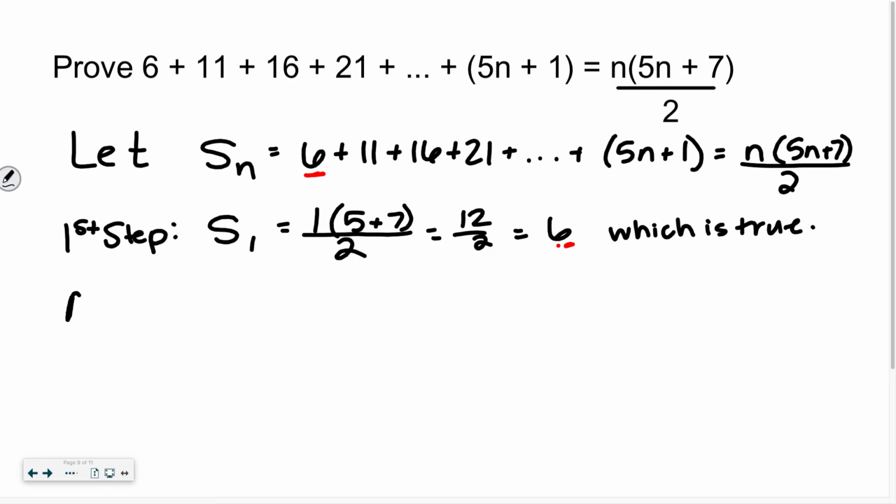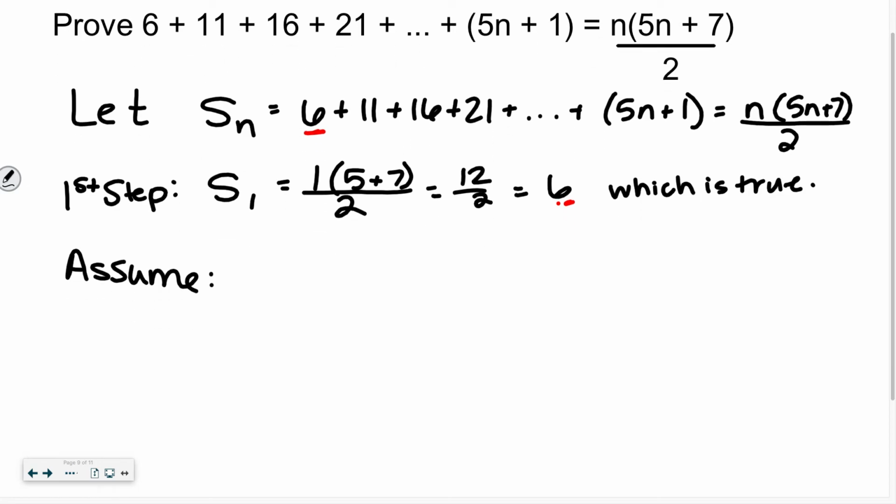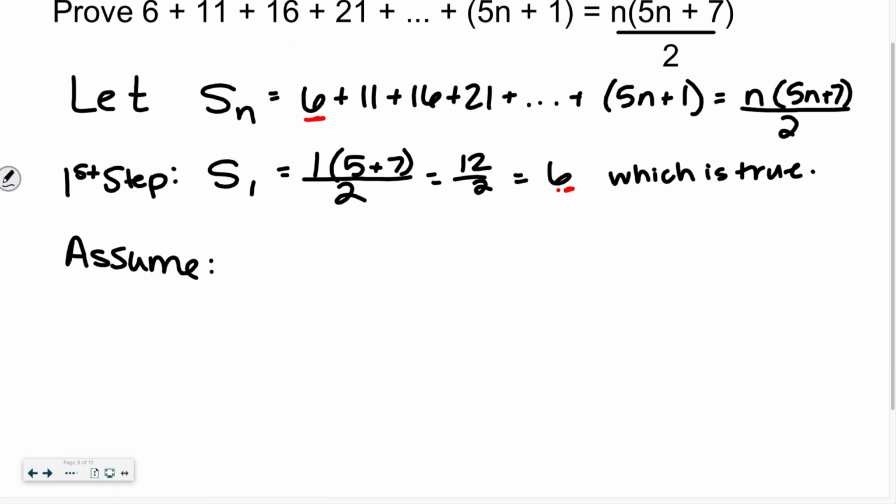We're going to get ready for induction, so we're going to make an assumption now. We're going to assume that this works for all k's. So we're going to let n equal k. It's really a matter of like copying this down, but replacing all the n's with k's.